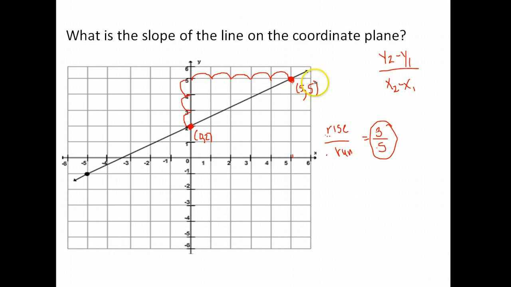So the y from this point was 5 minus the y value from my first point, 2, all over the x from this point, 5, minus the x from my first point, 0. 5 minus 2 is 3, and 5 minus 0 is 5. Notice we get the same answer either way. These are two options for finding the slope of a line.